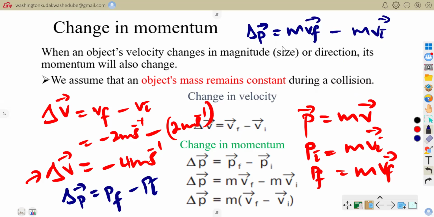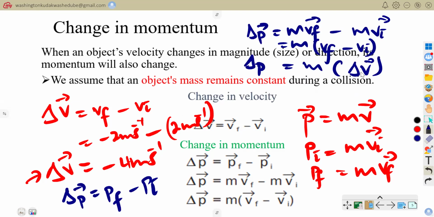You can see that mass is constant, so it will be mass times final minus initial, which is mass times change in velocity. So whenever we have a change in velocity, we are definitely going to have a change in momentum.